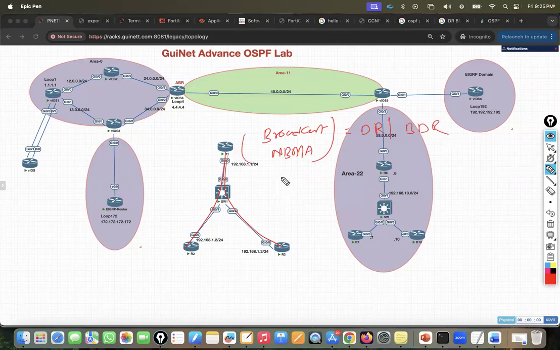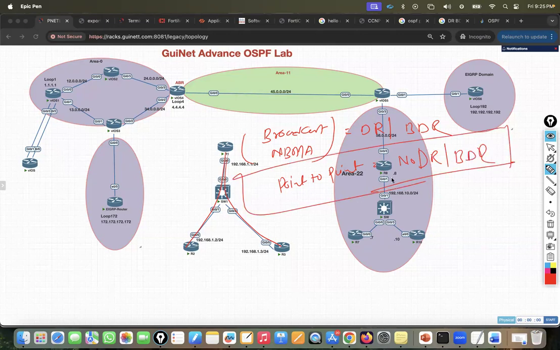Clear? If we have a point-to-point network, then no DR, BDR required. I hope it is clear.